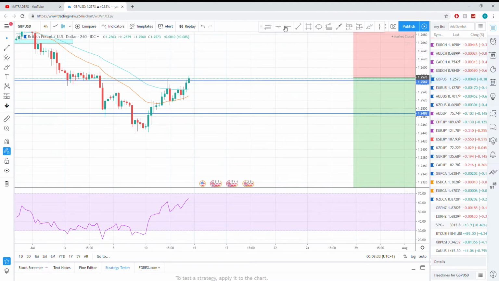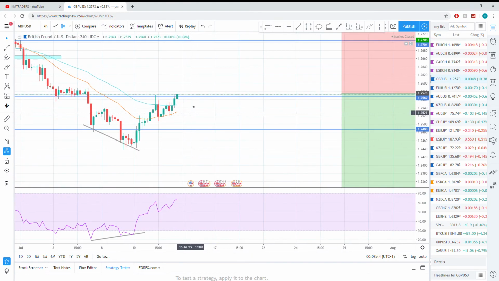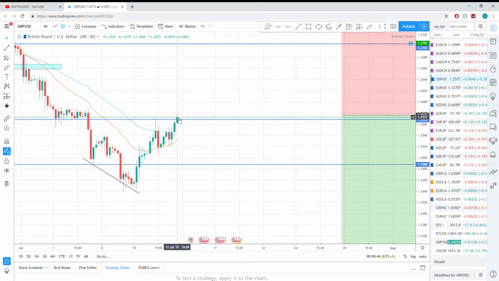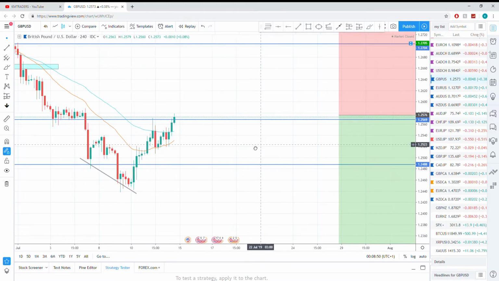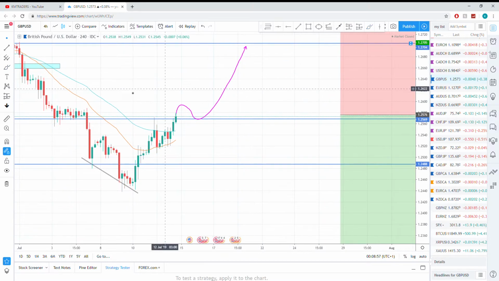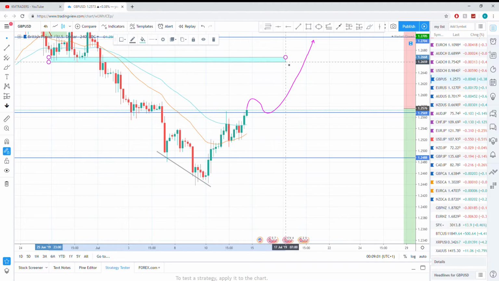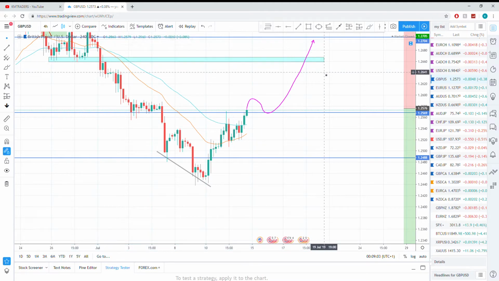We've got the divergence here, which is a key signal for a potential price move back up to a certain degree. And because we've tested and closed above the key level, what I'll be looking for is something along these lines this week, and then the push up to our next key level, if not to our previous zone, which would be here if we extend it accordingly.